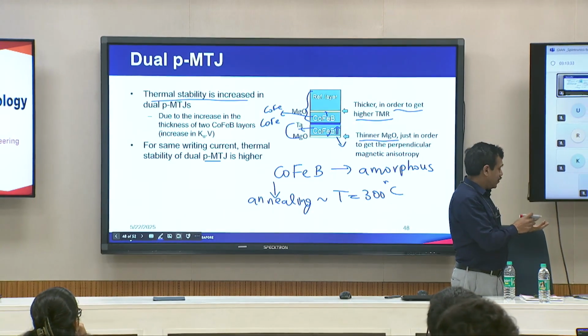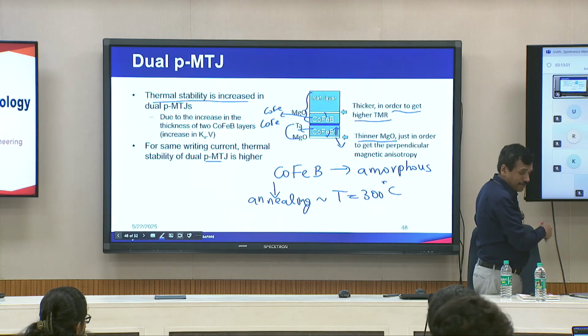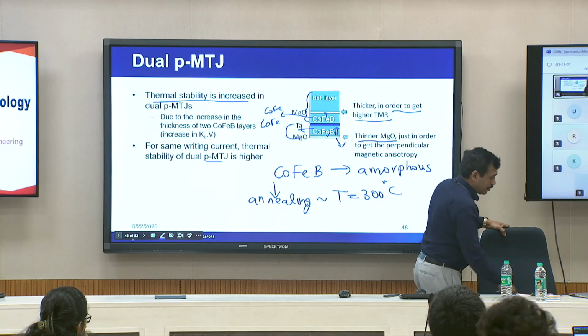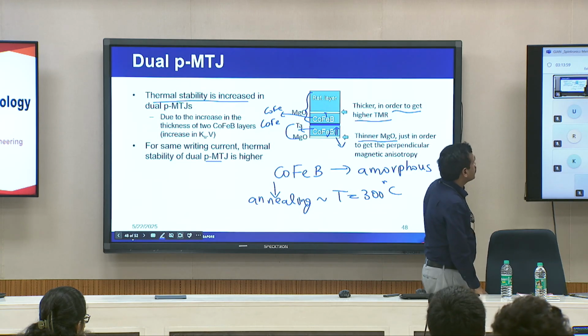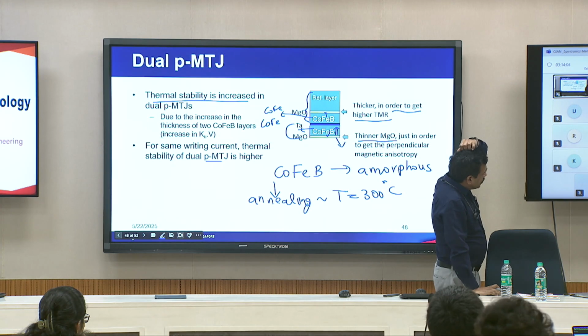I told you cobalt platinum has problems, terbium iron cobalt has problems, iron platinum has problems. Then I told you why cobalt iron boron is interesting and why it is useful. So this question shouldn't come. People look at various materials based on their properties, then they finally arrive at cobalt iron boron. So I told you a coherent story today. Okay, that's my answer. What is the other question?